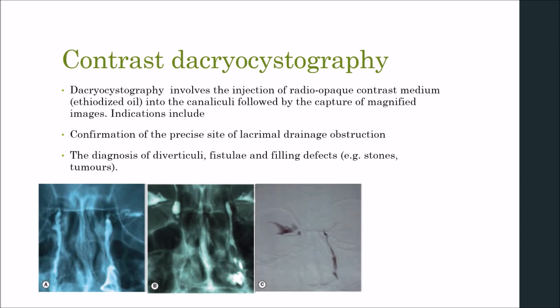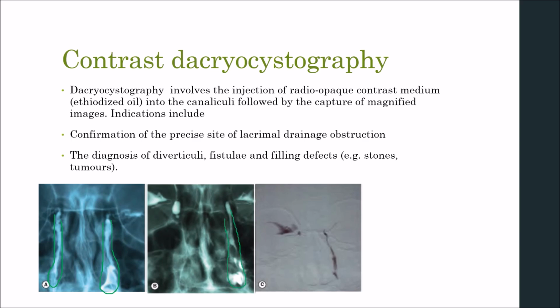The figures which are shown here present three modalities. The first one is a conventional DCG with radio-opaque material, and we can see that both sides show equal filling here and here. In the second picture, there is a normal left filling, as we can see here.